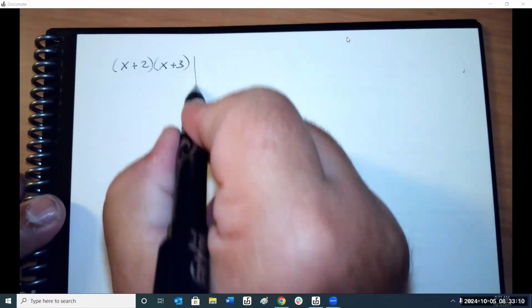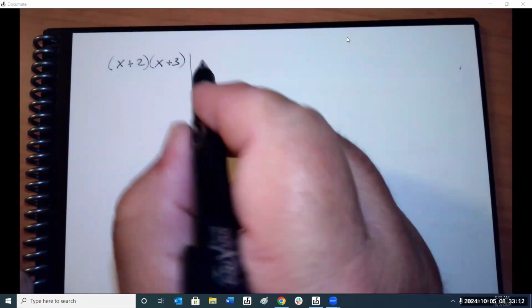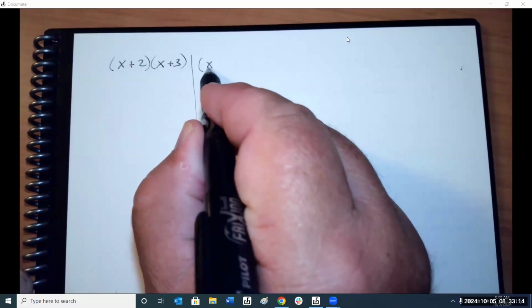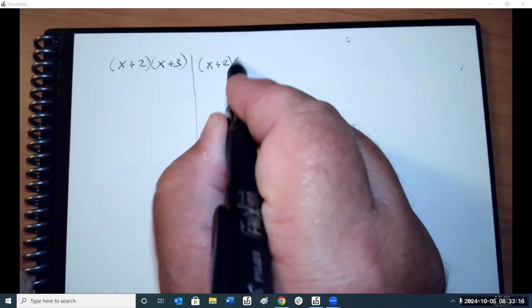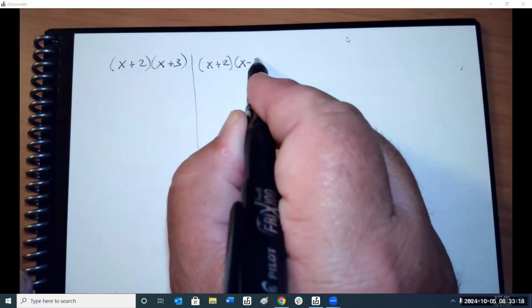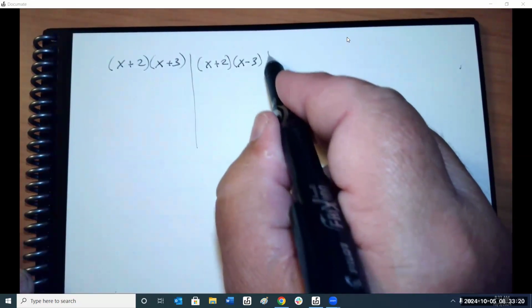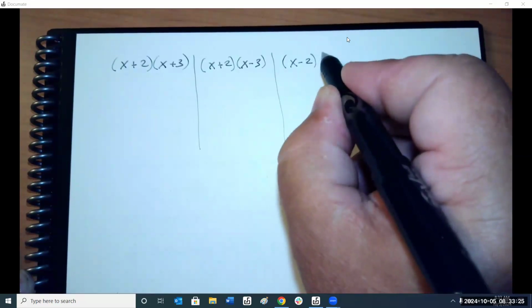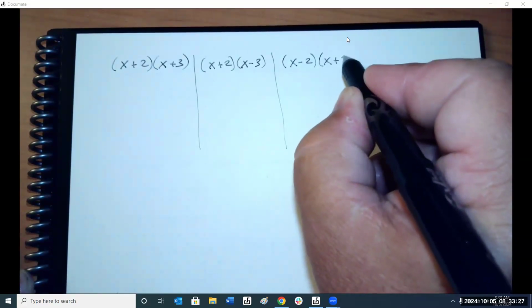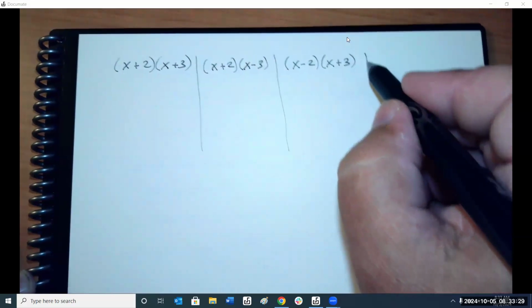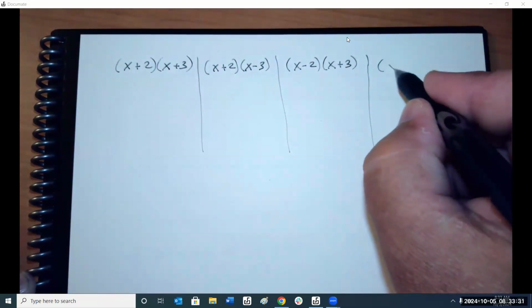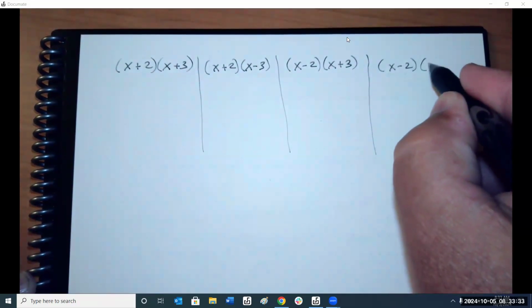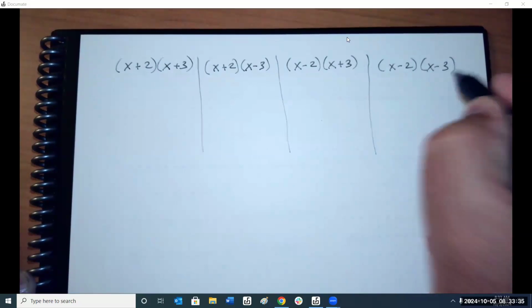So let's work these out first. We'll multiply these together: x plus 2, x minus 3; x minus 2, x plus 3; and then x minus 2, x minus 3.